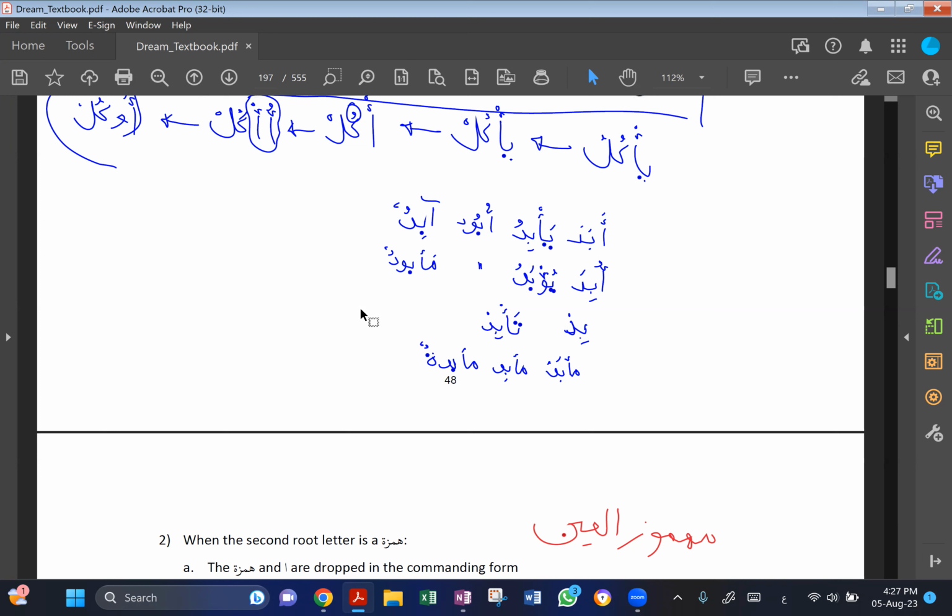Anta ta'bidu, antuma ta'bidani, antum ta'biduna.